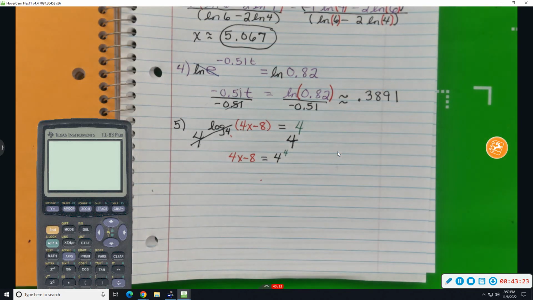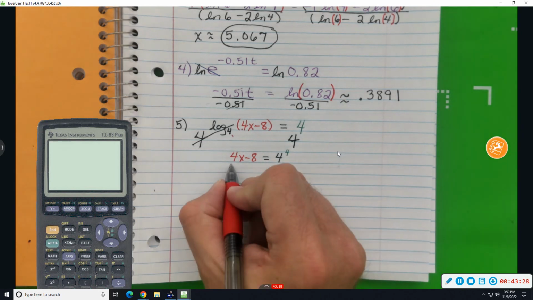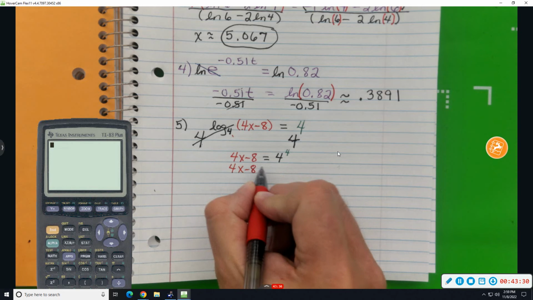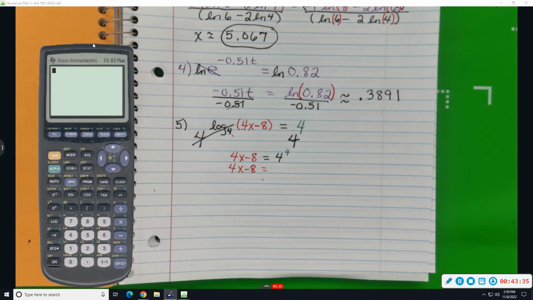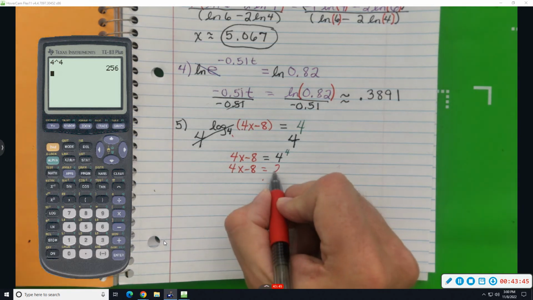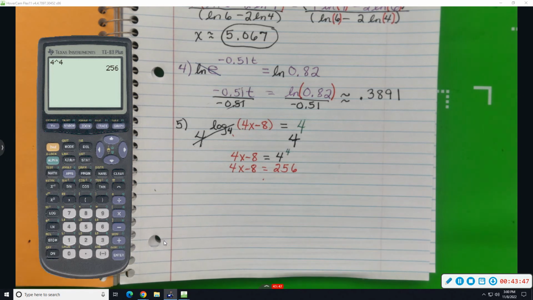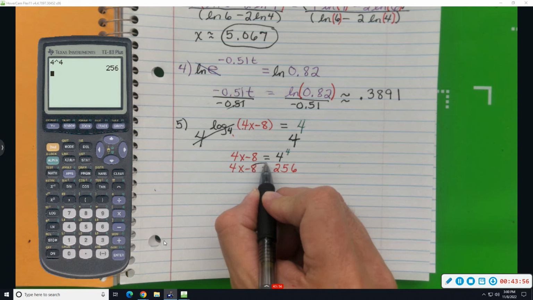Don't say 16. If we multiplied out 4 4s, what are we going to get? Is it 256? That's the same thing as 16 times 16. On here, if I went 4 raised to the 4th, 256. And now, can I isolate the x without too much trouble? Yep, I would need to add 8 to both sides.